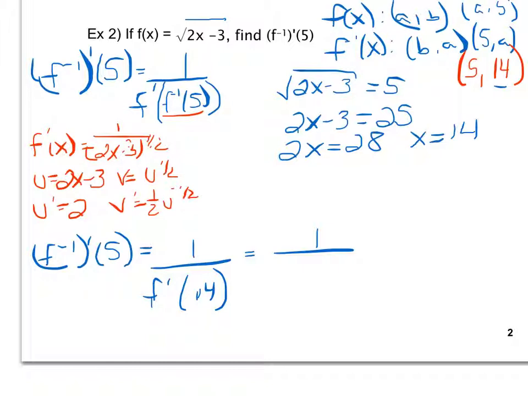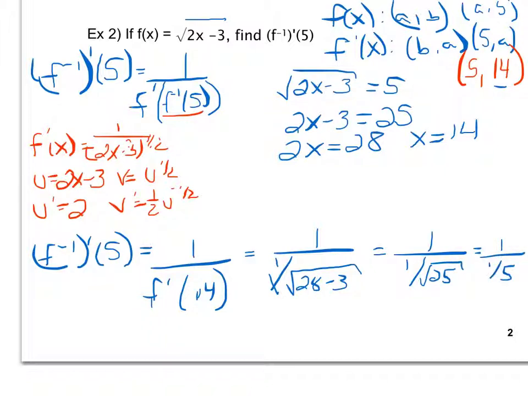So plugging 14 into f prime, and I'm going to write that 1/2 power as a radical, just an FYI, I get 1 over the square root of 2 times 14, which is 28 minus 3, which is 1 over the square root of 25, which is 1 over 1/5. Well, dividing by 1/5 is the same thing as multiplying by 5 over 1, which is 5. So at the point (5, 14), my inverse function has a derivative, or a slope, of 5.